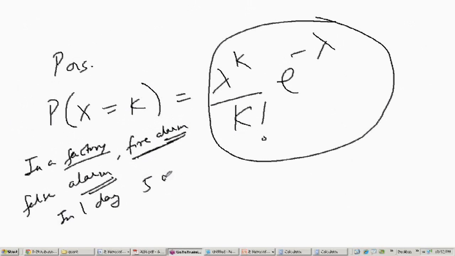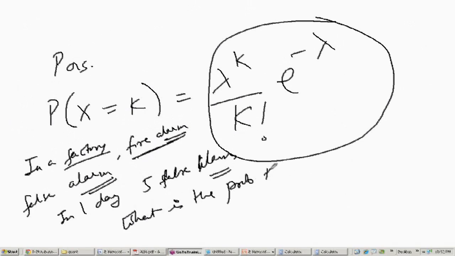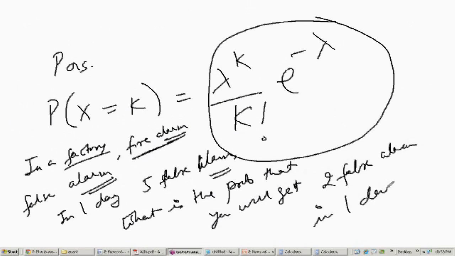In one day you get 5 false alarms. You want to know the probability that you will get 2 false alarms in one day. The question makes sense.